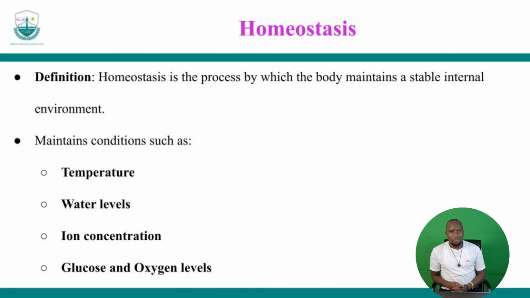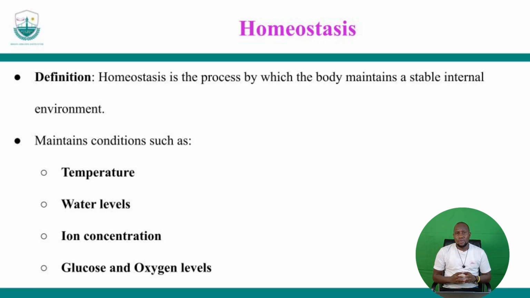With the concept of homeostasis, the definition of the term is that it is a process by which the body keeps the internal environment stable or constant. The meaning of that is that within the body, you have a number of changes happening: changes in temperature, changes in the concentration of hormones, of ions, or even nutrients.